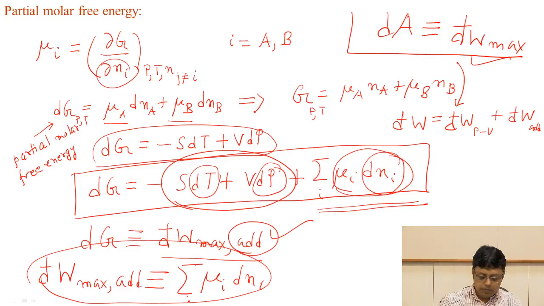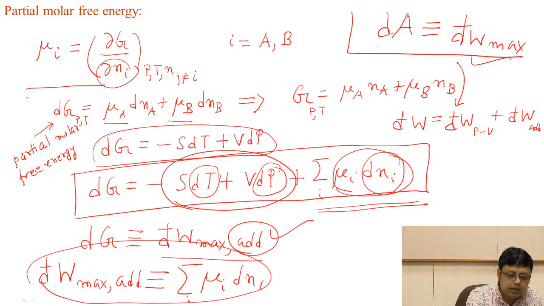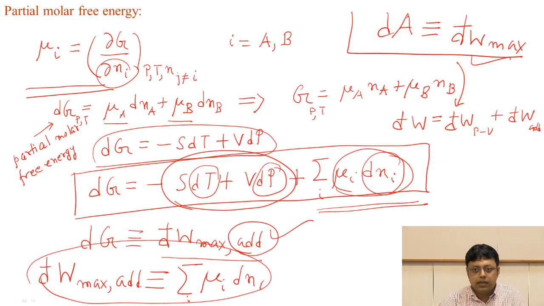Now let us move on to this partial molar free energy, which we defined as the derivative of G with respect to n i. So mu i, as we said, is known as the chemical potential of that particular component, because it's not just mu.